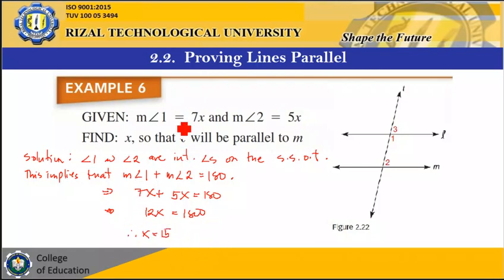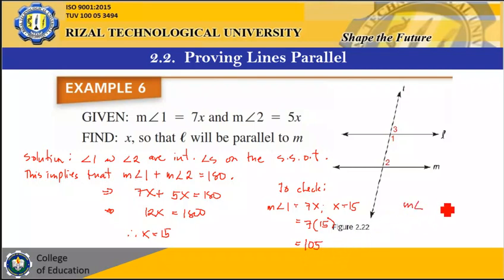Now, to check, the measure of angle 1 is equal to 7x, and whenever x is equal to 15, 7 times 15 is 105.